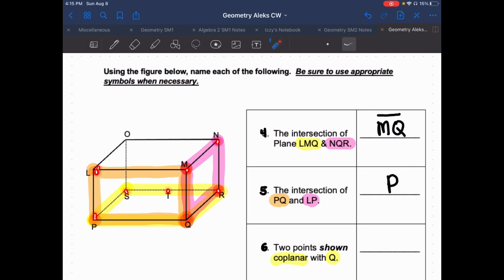You have 1, 2, 3, 4, 5, 6, 7 different choices of answers. You only need to give me 2. So I'm going to pick R and P, but I can pick any of those highlighted letters, just not Q.